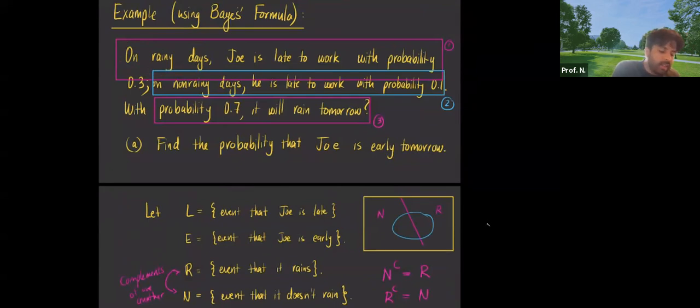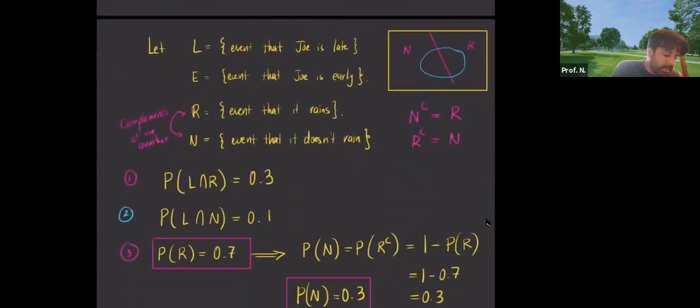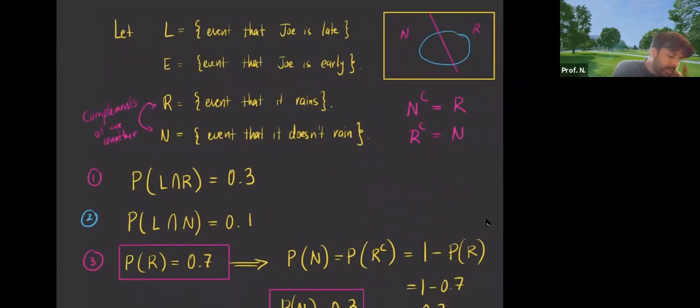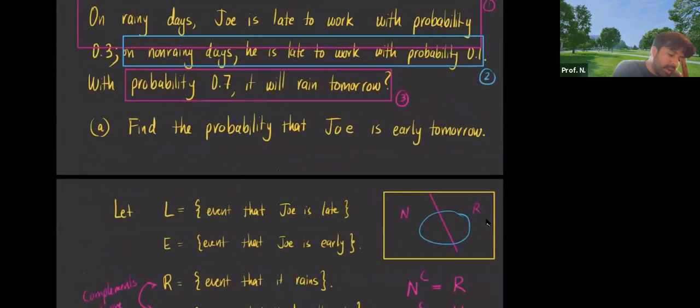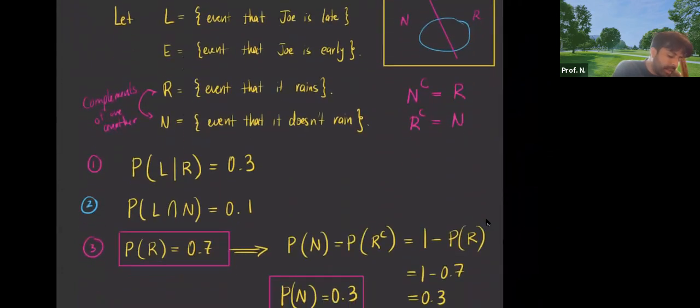So he is late with this probability on rainy days. This should be changed to: he's late given that it's rainy. And then it says on rainy days, he's late to work with probability 0.1.